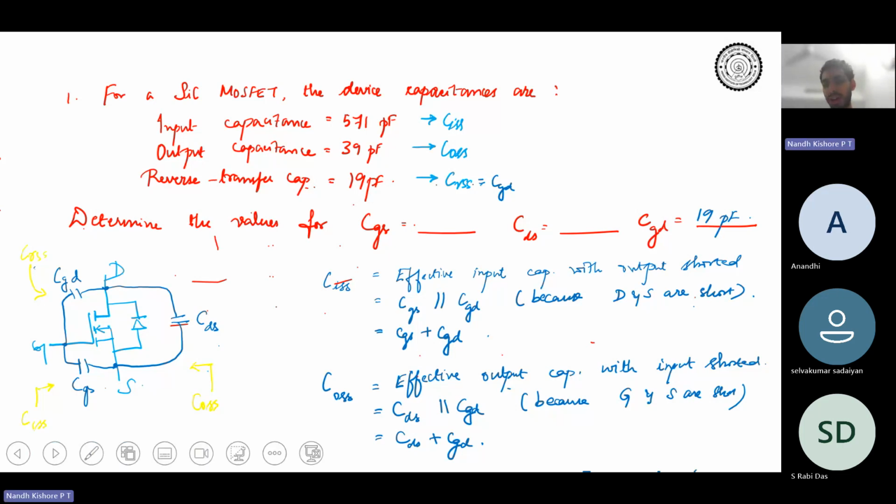Till this point, is it fine? That is how we define CISS and COSS. Then the final output we want is simply solving these equations.